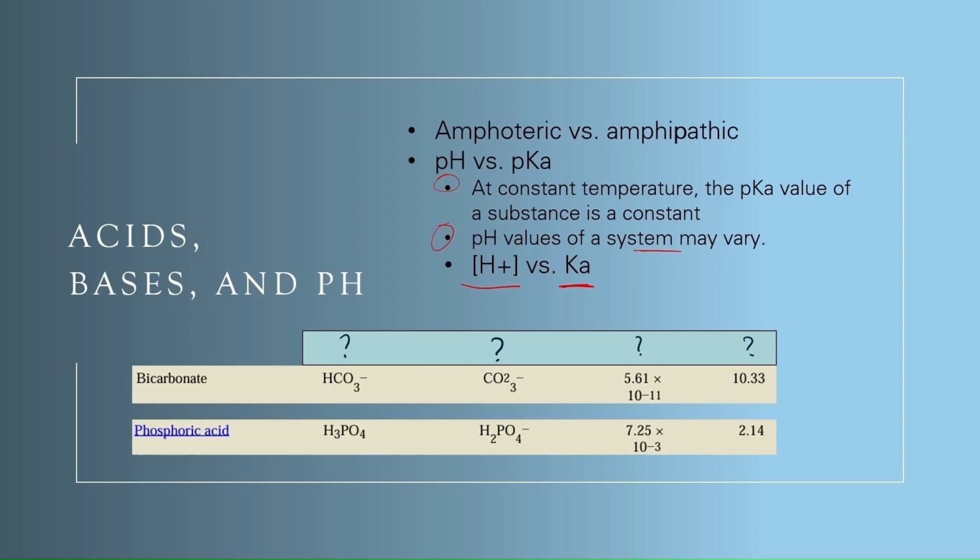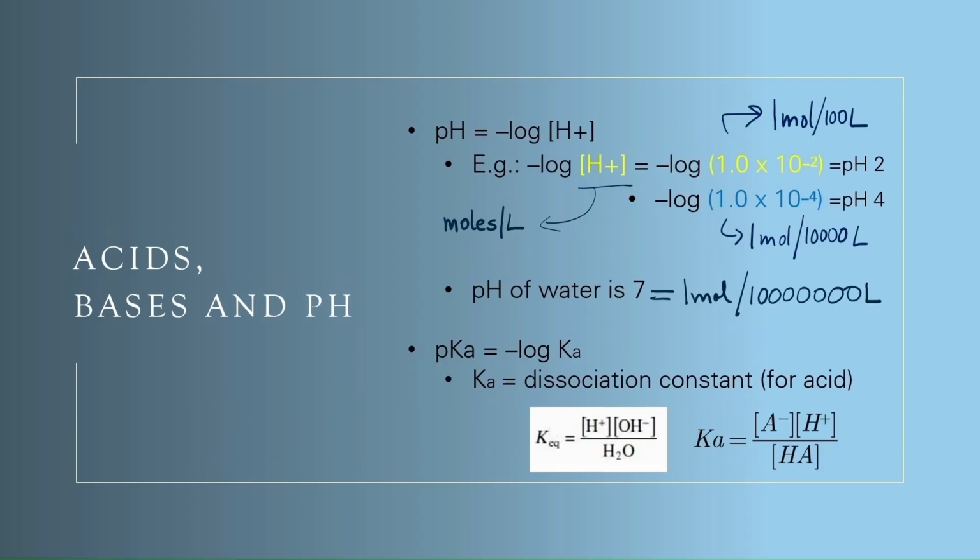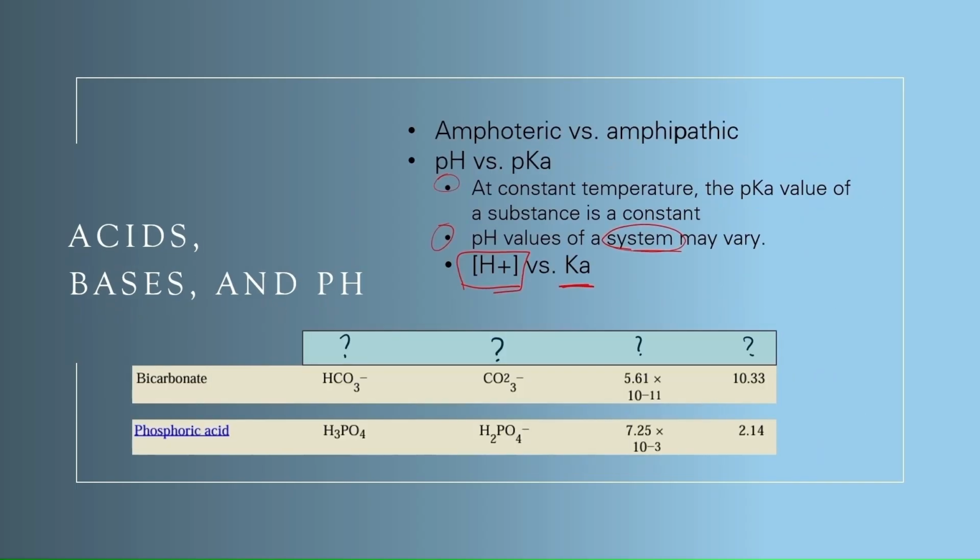H plus concentration can vary for a system or rather a solution, right? So it doesn't matter what all you've added to it. The amount of protons you find in it is what your ultimate determinant is, okay? Meanwhile, Ka, we said it is the dissociation constant for an acid. At a constant temperature, the pKa value is constant. That means it only depends on the nature of the substance and nothing else except factors like temperature.